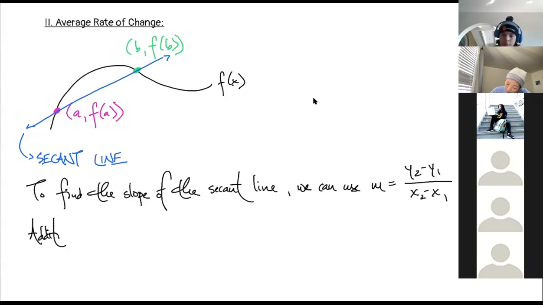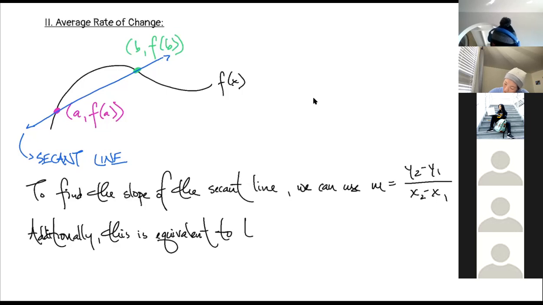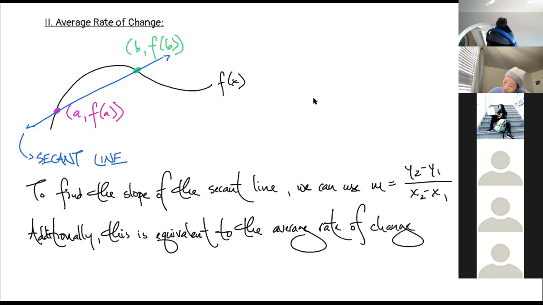Additionally, this is equivalent to the average rate of change. Okay.